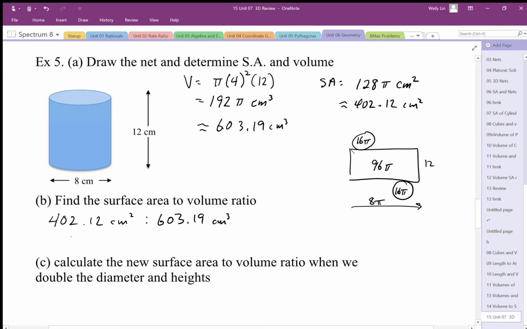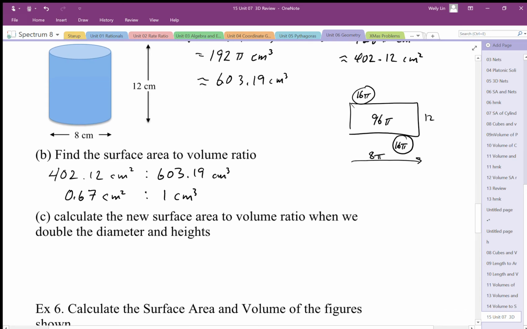So we end up with 0.66. I'm going to round that to 0.67 centimeters squared to 1 centimeter cubed. So that's the ratio. We have this much surface for every cube that fits inside here. And again, some of these cubes are covered up, so we end up with surfaces that are not exposed. That's why we have such a low surface area to volume ratio.